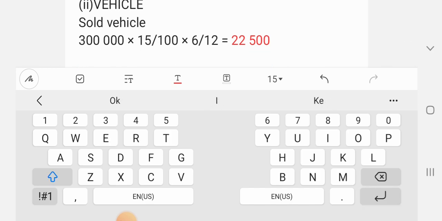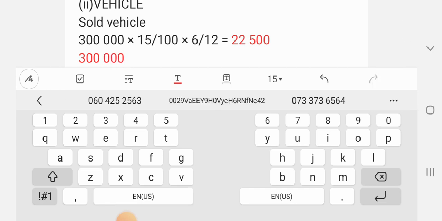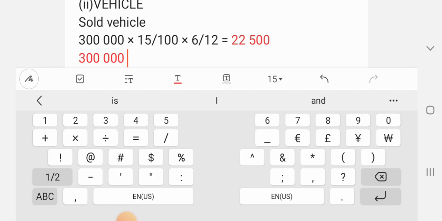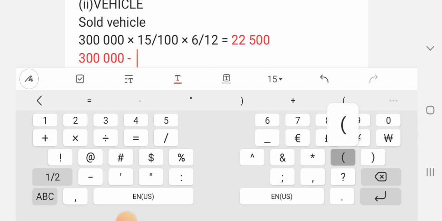So now we have to calculate the carrying value at the end so that we can put it as a disposal. So we'll take the 300,000 rand, subtract, they told us that the accumulated depreciation of the asset being sold is 240,000 at the beginning.